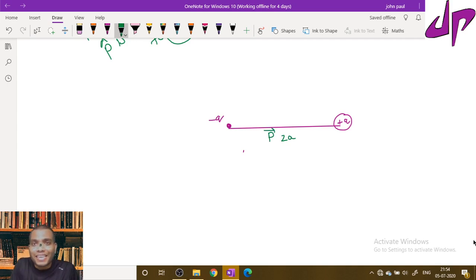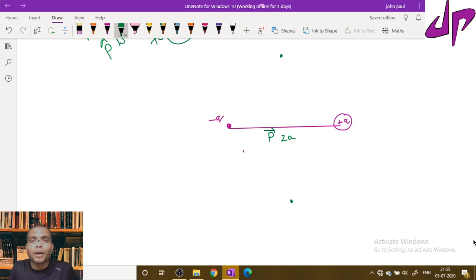Suppose I select a point perpendicular to the dipole axis, at here or at the below, down here, it is exactly perpendicular to the dipole axis.